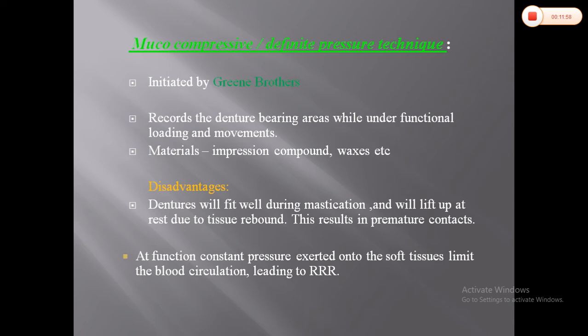So during function, you have good retention. But when the patient is in a rest position, the tissues rebound back and kick the denture out of the patient's mouth. And the constant pressure on the tissues may also lead to resorption of the bone. These are the disadvantages of this technique.